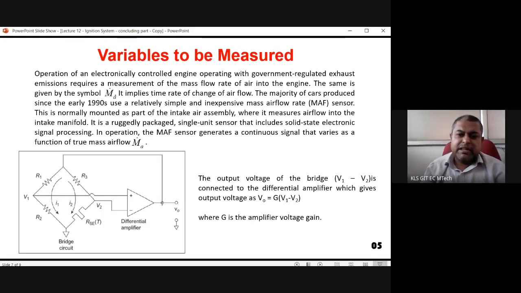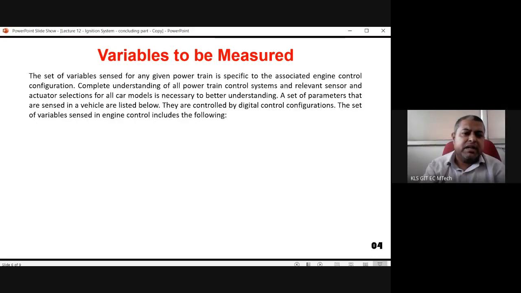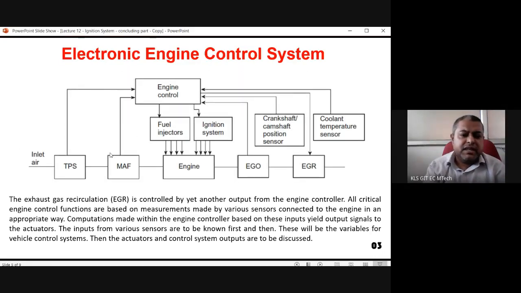So the government regulates the exhaust emissions and the composition of gases in the exhaust. So it requires a measurement of the mass flow rate of air into the engine. How much is the mass flow rate of air coming into the engine? You can see in the block diagram, mass flow rate into the engine. This is the TPS and MAF. So these are the blocks.